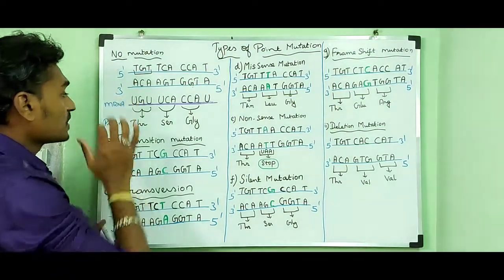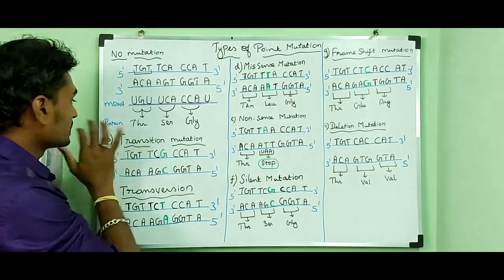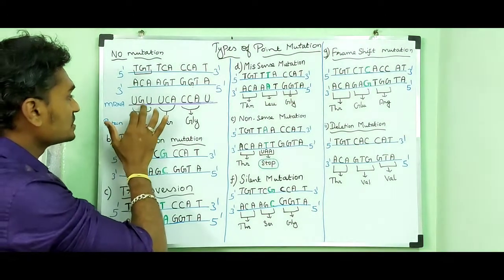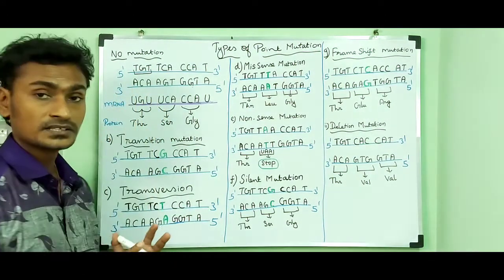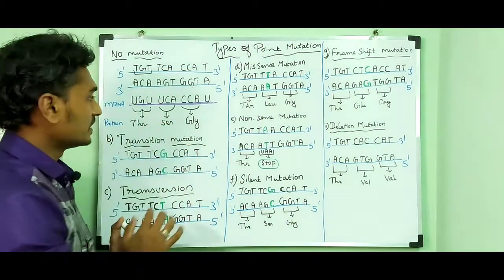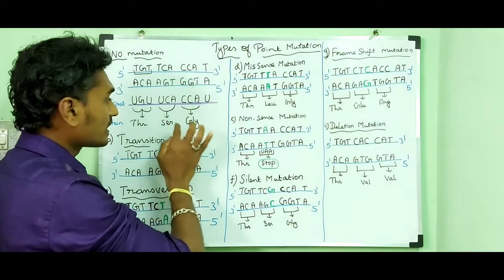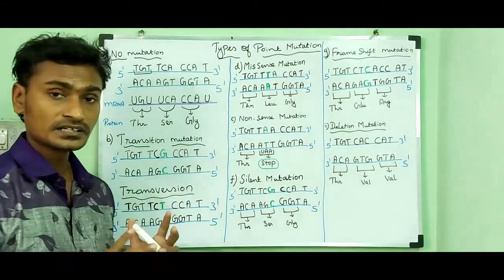The mRNA undergoes translation and produces the protein: UGU codes for threonine, then UCA codes for serine, then CCA codes for glycine.